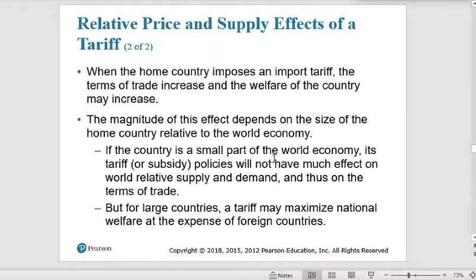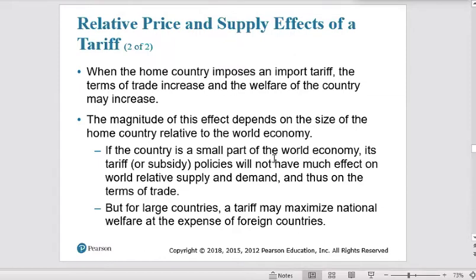Singapore only consumes tiny little bananas. So if Singapore imposes a tariff on banana, maybe there's a 10% decrease in the consumption of banana. So the world demand for banana is a bit less, but not much, right?